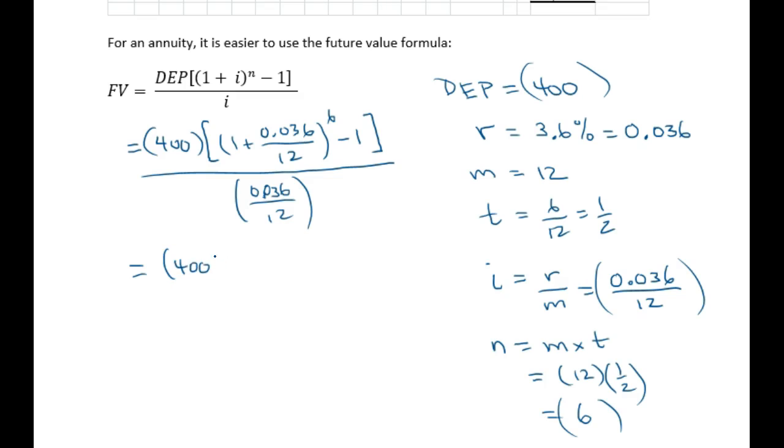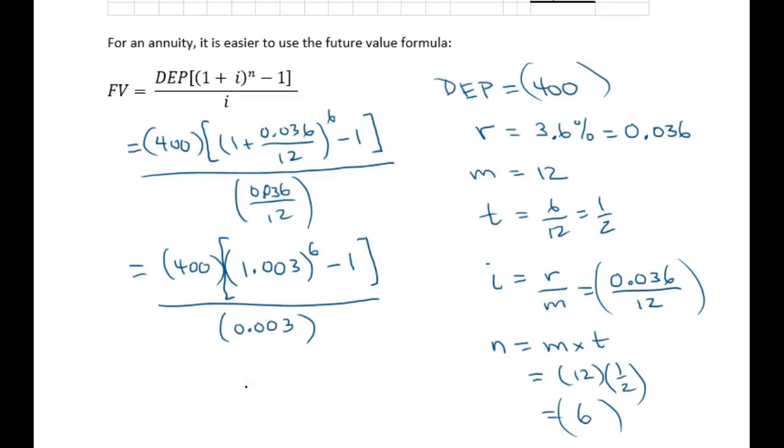So 400, I'll do a few steps in here. So we have our inside bracket will be 1.003 to the exponent 6, and then we're going to minus 1, divided by 0.003.